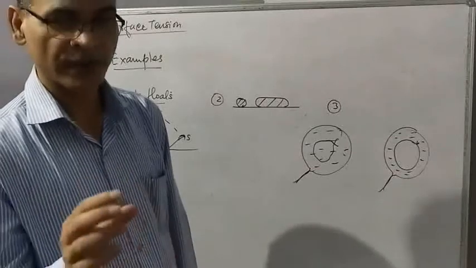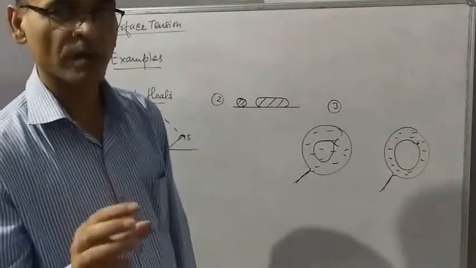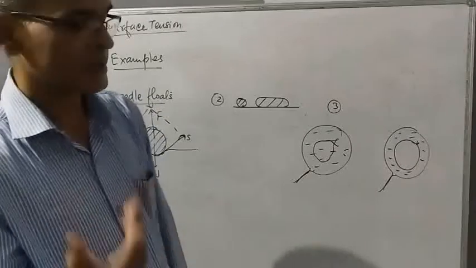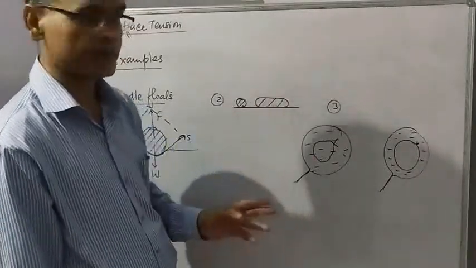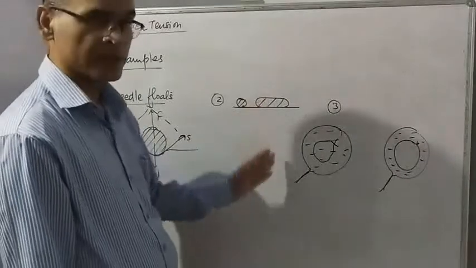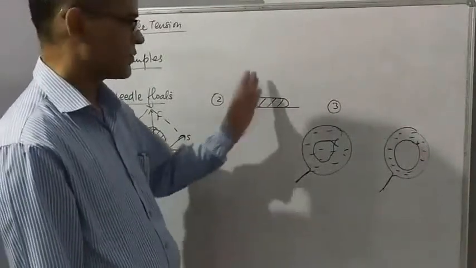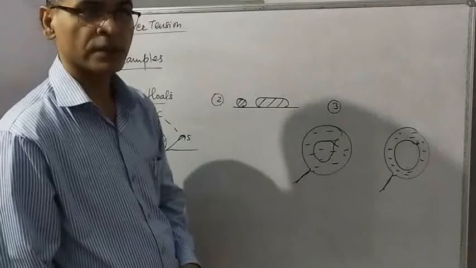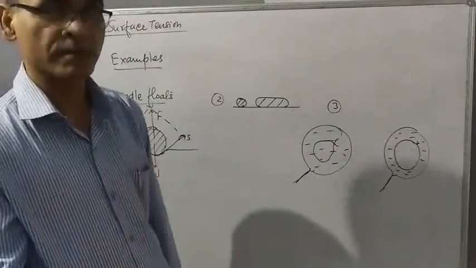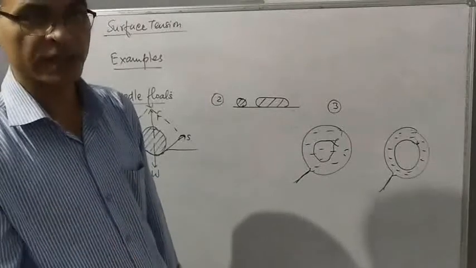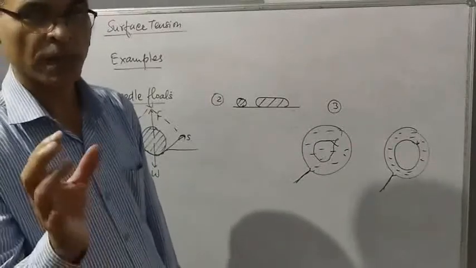So the effect of surface tension is seen in the form of a spherical drop. By the same logic you can understand why a bigger drop is seen flat. Weight is more and surface tension is less. Weight is trying to pull the drop down, and since weight is more, the effect of weight is seen and the drop becomes flat.